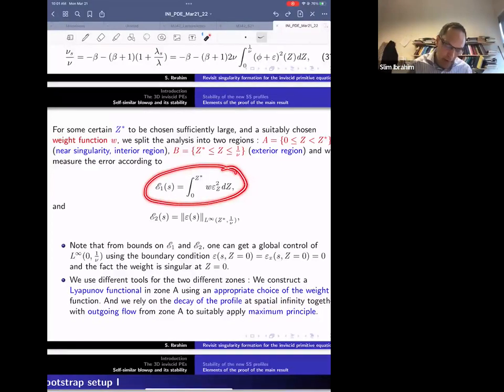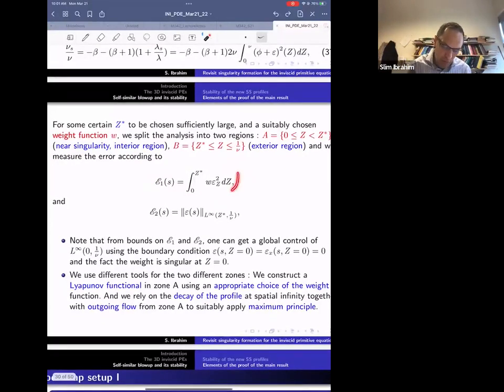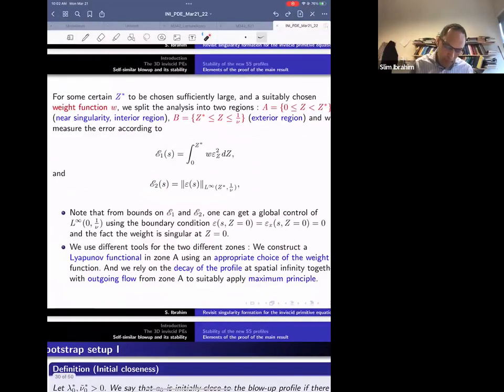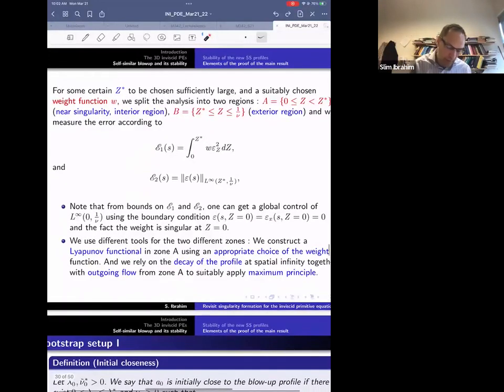The first one is weighted Sobolev: we take the z derivative of the error, square it, with the weight w. In the second region, we measure it with the L infinity norm. Because of our specific choice of the weight, estimating E1 and E2 in the interior and exterior gives us an estimate of the L infinity norm in the whole domain.